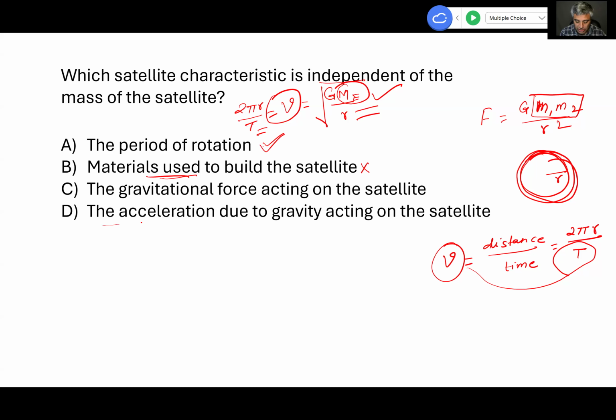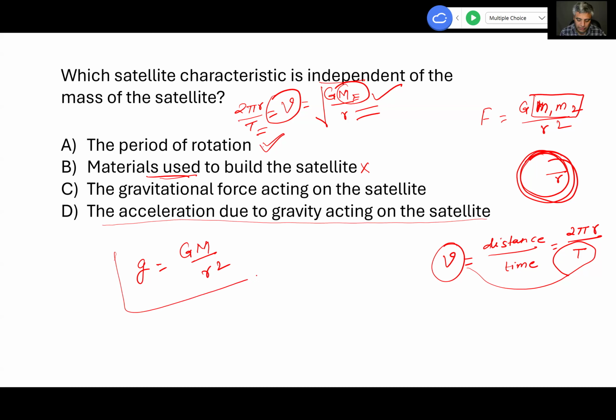Now, how about the acceleration due to gravity acting on the satellite? What did we learn about that? It was G M over r squared, under the square root. Oh, I think it wasn't the square root. Yeah, it is G M over r squared.